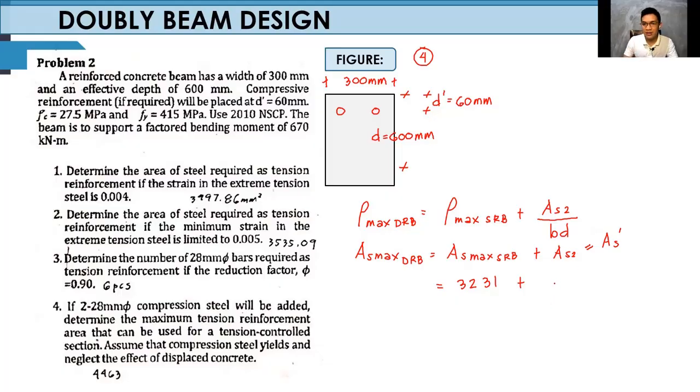So therefore, that is equivalent to dalawang pi, open close, pi 28 squared over 4. Ayan po. So therefore, AS maximum natin sa doubly reinforced beam is dinagdag lang natin yung nasa itaas natin na area. That is equivalent to 4,463 millimeter square. Ayan. So that is our final answer for number 4.